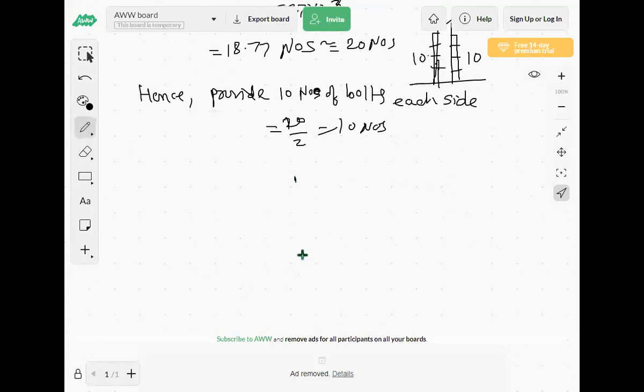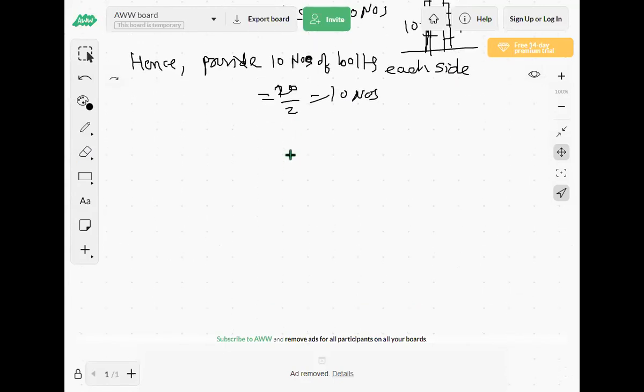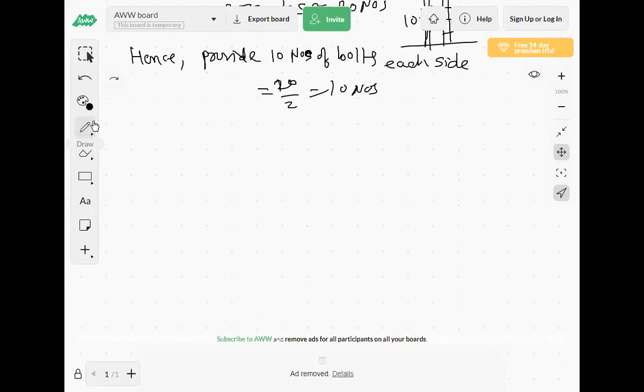You can see now, in the side view, like this.